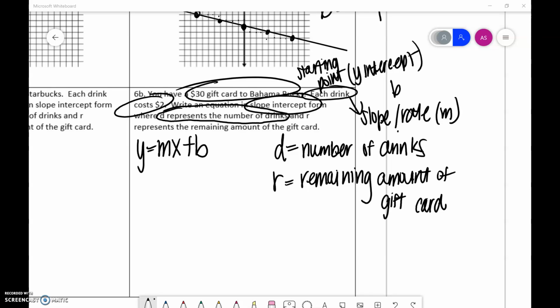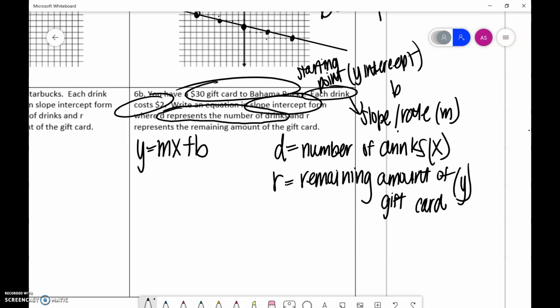But all you have to think about is which one is your independent variable? Which one can you choose? I can choose the number of drinks that I buy. So I'm just going to put on the side that this is my X, just so I don't get confused. So D and X, they're the same thing. Those are both my independent variables.